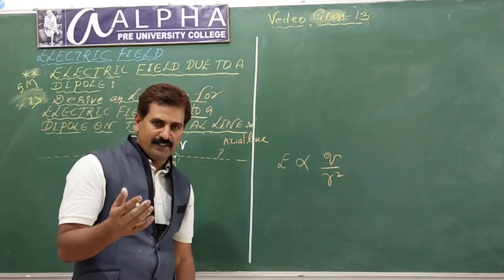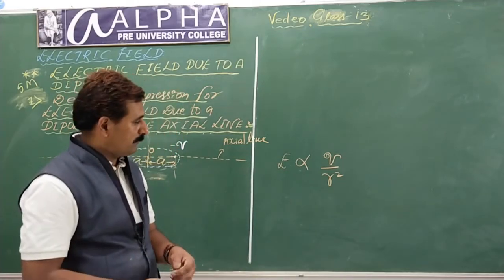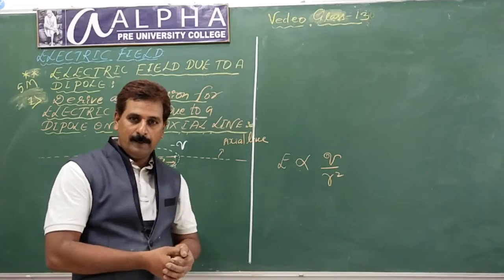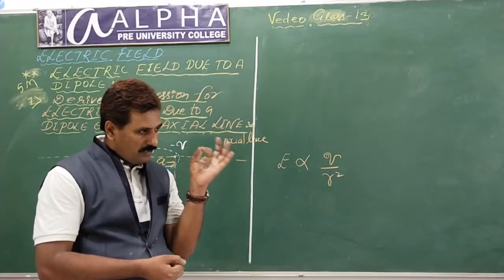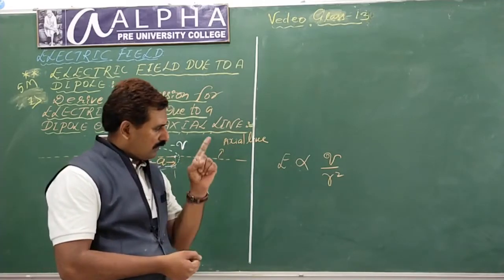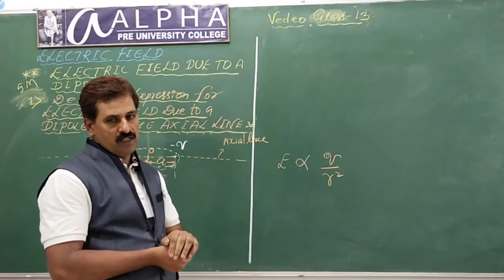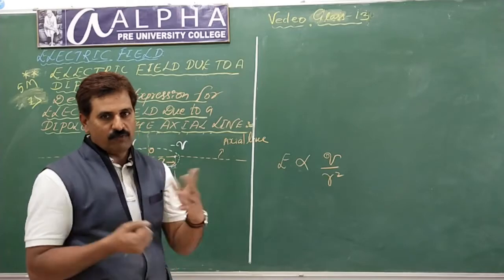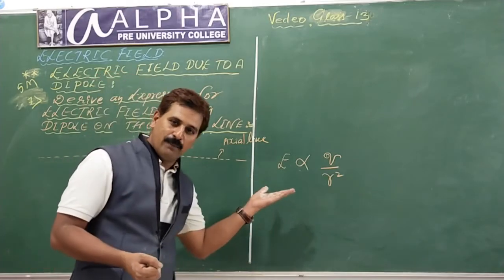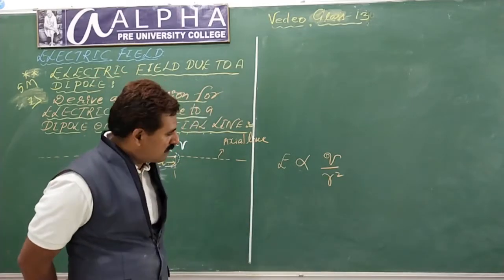As I've been discussing since the last 3 videos about the concept of electric field, whenever I use the word electric field, what do you think? At that point, you place a unit positive charge. If that experiences a force, you say yes, that point contains electric field. How much?